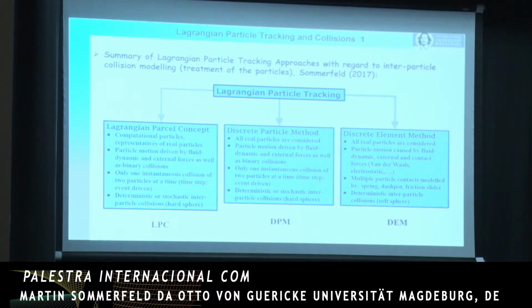Then we have DPM. I'm not a fan of DPM, but it's a very nice method because you can go to very dense systems. You can resolve multiple particle contacts, and each contact is treated as a soft-sphere contact. So in some sense, you also resolve the penetration.